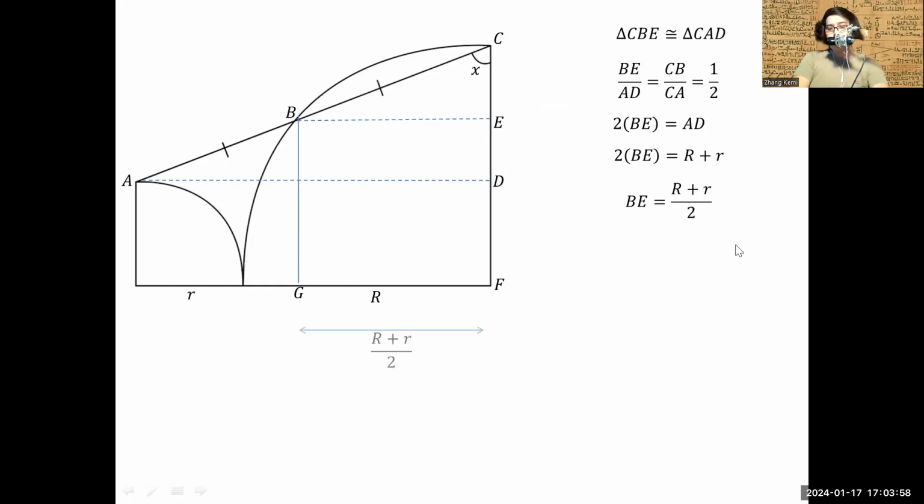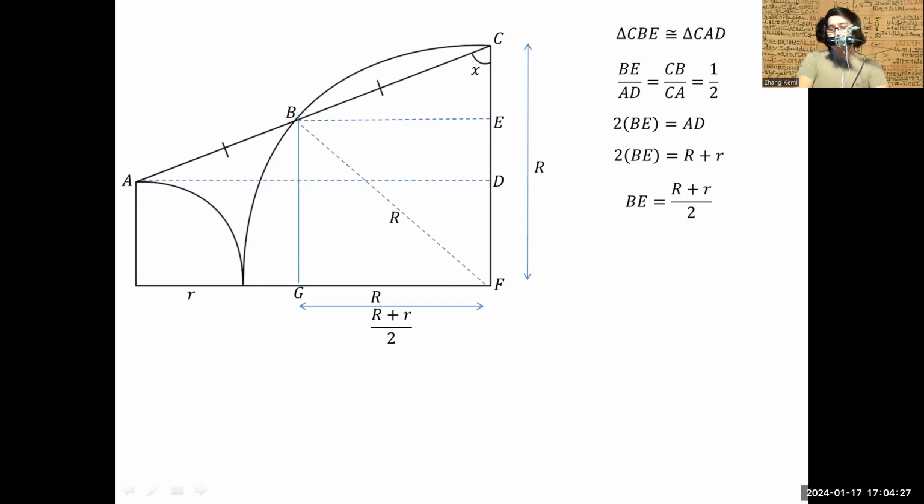So now I'm going to establish what I have gotten. If BE is capital R plus small r over 2, I can also say that this length is capital R plus r over 2. Now, since this is the big quadrant, I can straight away say that this length is capital R as well because it's the radius.